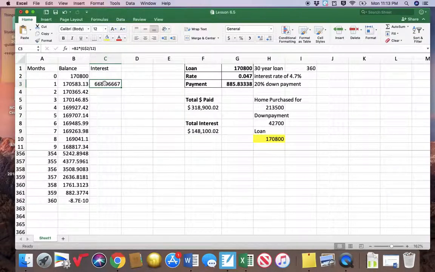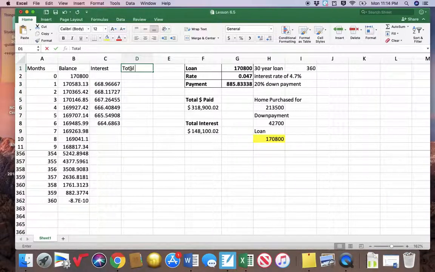So you can see in this first month, think about this. This is pretty eye-opening. Let's roll this down a few. In these first few months, he's making a payment of $885.83. Of that, these are the total dollars each month that are going towards interest.